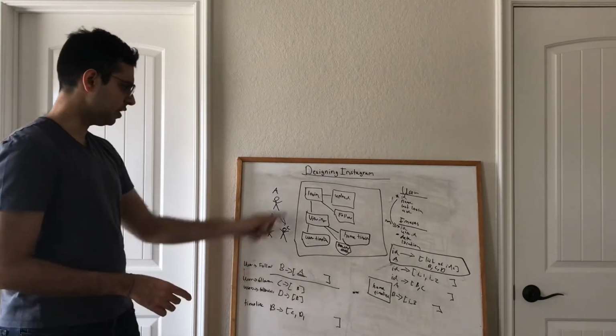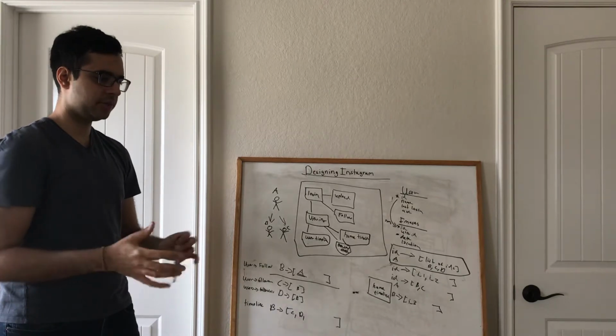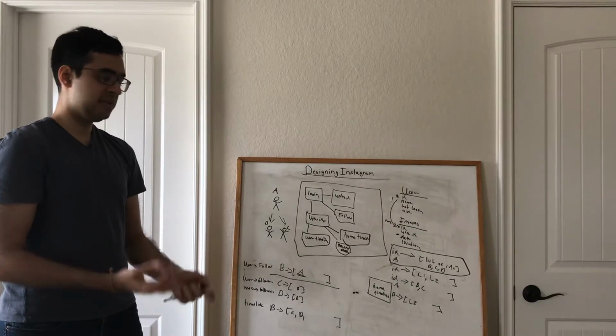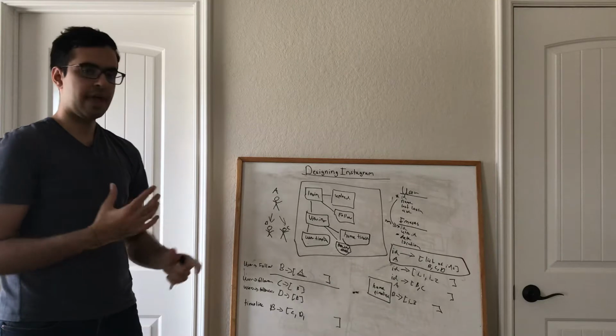So in a system like Instagram, users typically read, meaning they're viewing pictures or reading from the application, more than they're uploading.